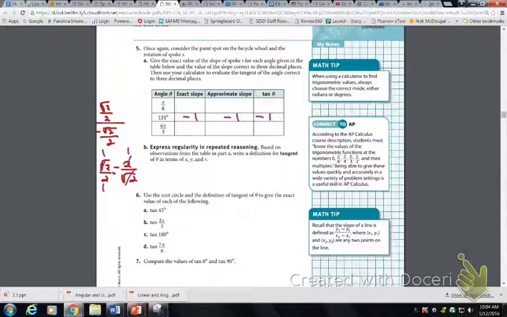Okay? And then our last one, our 4 pi over 3. So if you wrote that, you had negative square root of 3 over 2 divided by, and I'm going to go ahead and flip it, and check me, make sure I do it right, and we get negative 2 over 1.